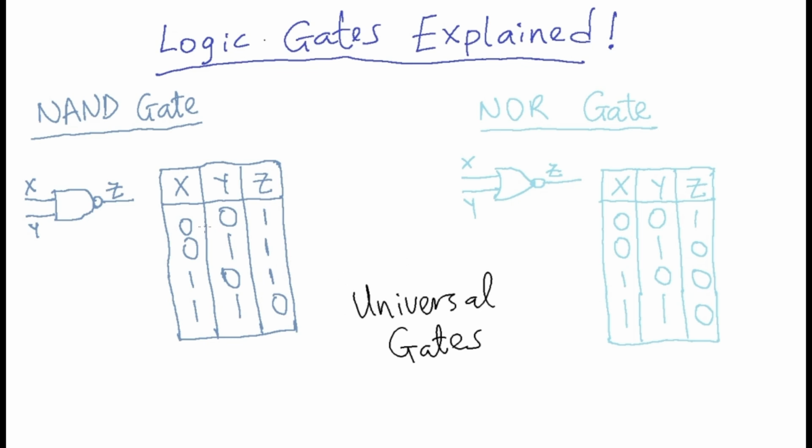So our NAND gate can be modeled as an AND gate that is fed into the input of a NOT gate.